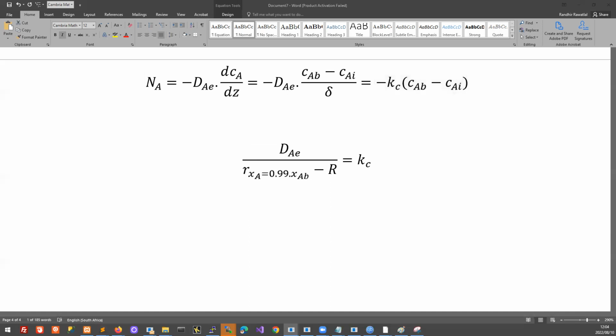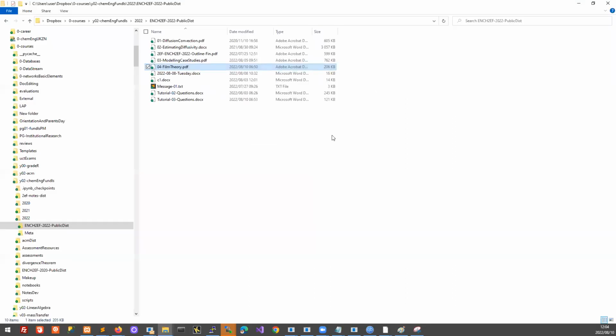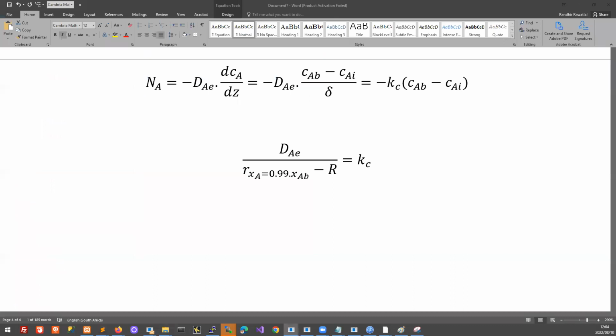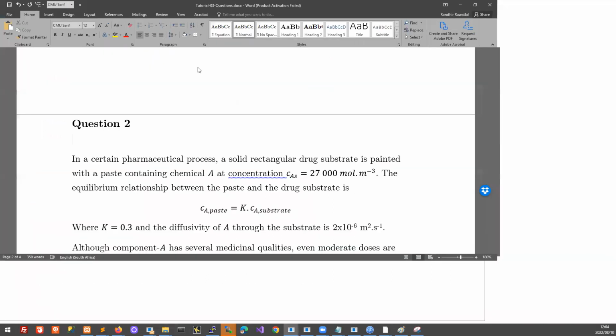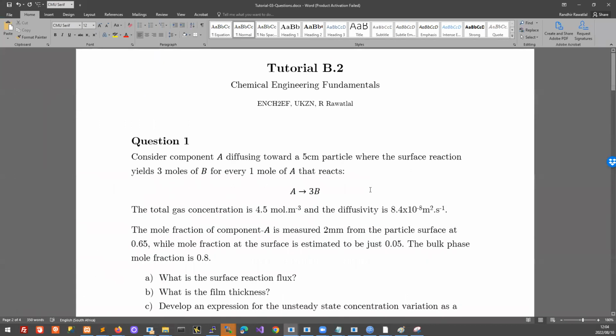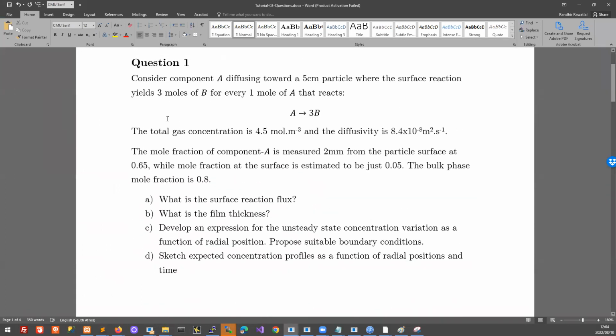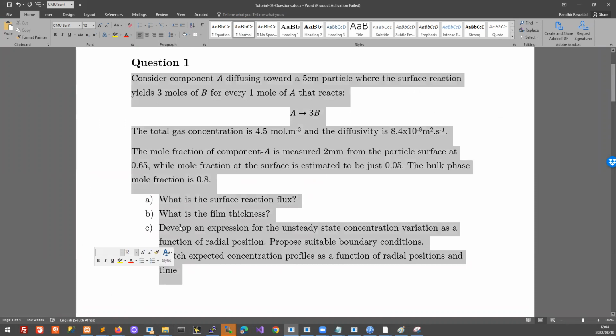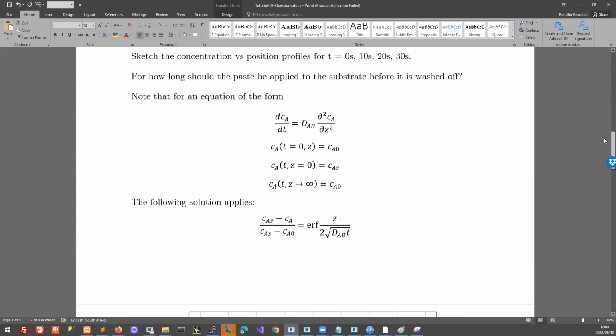Okay, if not, that was basically what I wanted to cover today. There is another tutorial in the Dropbox folder. So this one takes you a bit further through. This is more like that reaction problem that we introduced earlier.